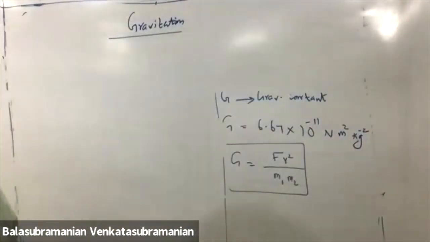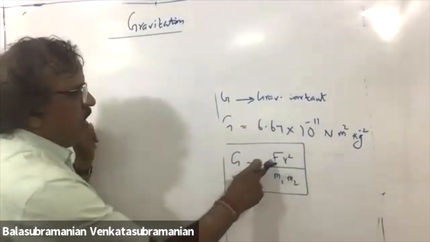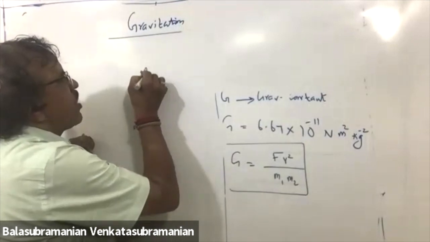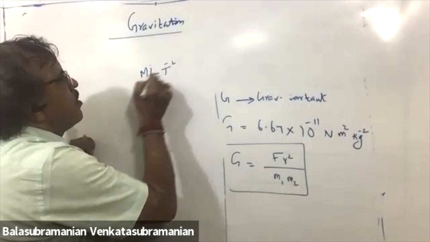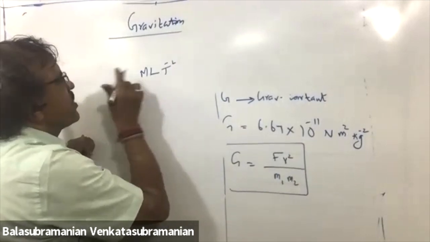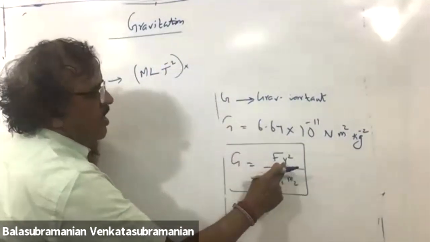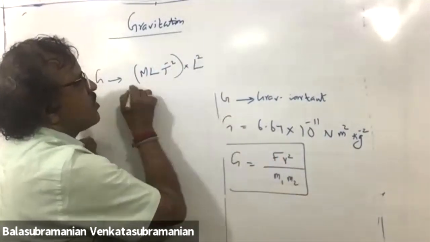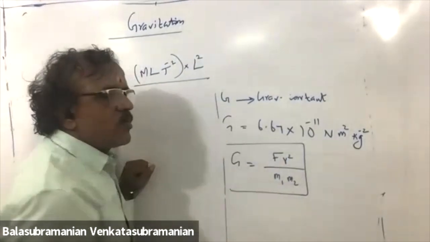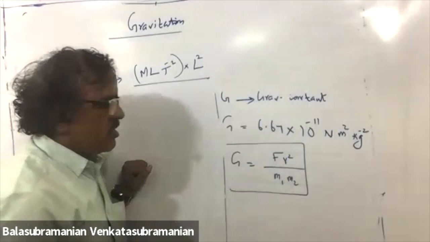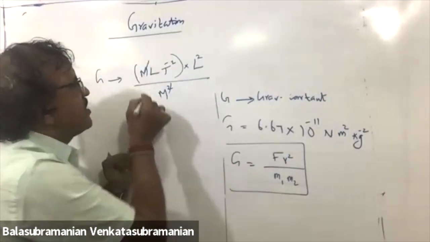Dimensional formula we want. How to write? F, force, dimensional formula MLT power minus 2, because it is mass into acceleration. R square, distance square, so L square, by M1 M2. M1 is mass, mass into mass, so M square. One M gets cancelled.